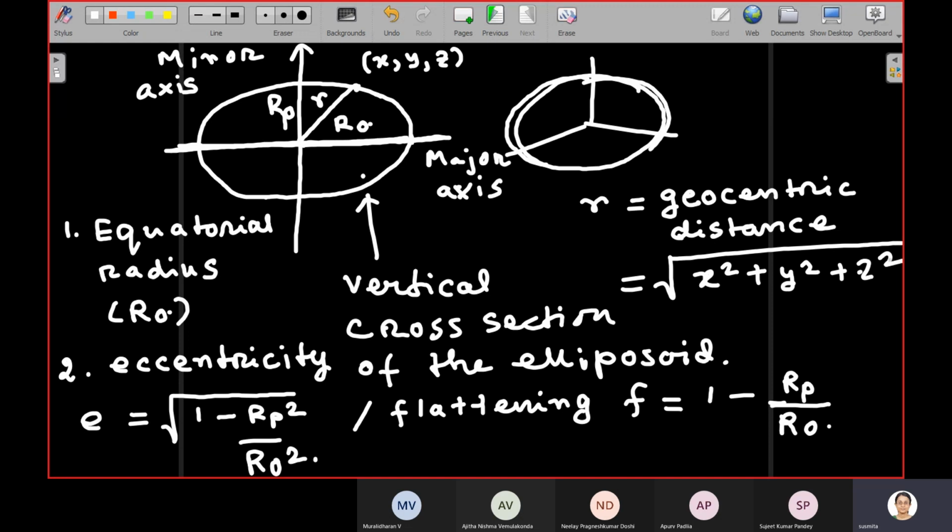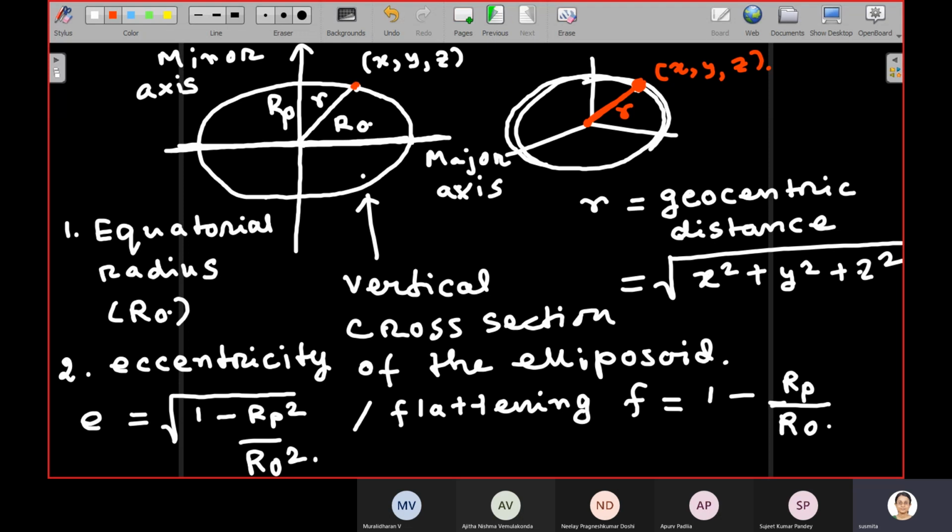So in 3D, if we take the point somewhere on the ellipsoid, its coordinates are x, y, z. We are basically connecting that point with the center of the ellipsoid, and this distance is r. r is called the geocentric distance, and it is given by the square root of x square plus y square plus z square.